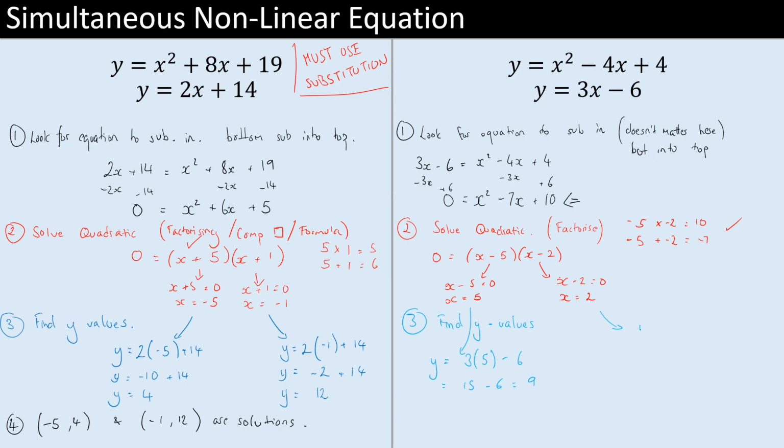When x is equal to 2, I've got y is 3 lots of 2, take away 6, which is 6 take away 6, which equals 0. And just to keep things nice and tidy, I'm going to write my answers in pairs. So when x is 5, y is 9. And when x is 2, y is 0. Those are our two solutions.